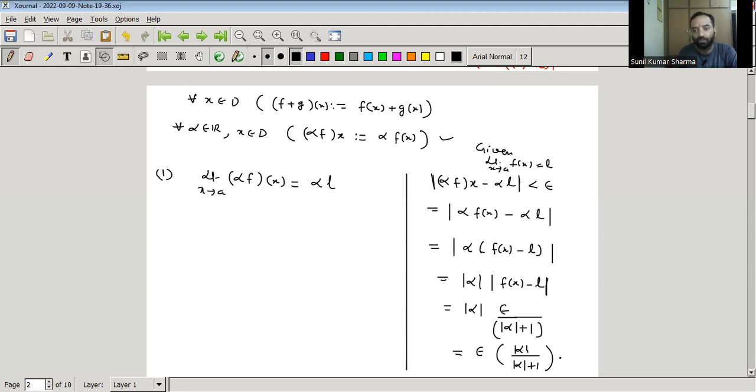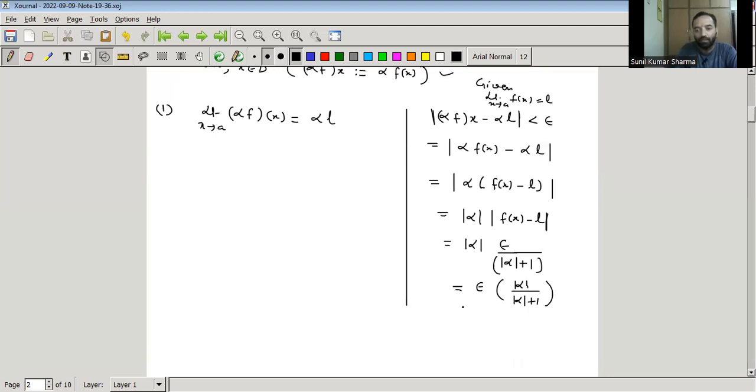So we add something, and we know that mod alpha upon mod alpha plus 1 is less than 1. So we get this is less than epsilon into 1, because mod alpha upon mod alpha plus 1 is less than 1. So this is equal to epsilon. So this is our strategy, how we start our proof.